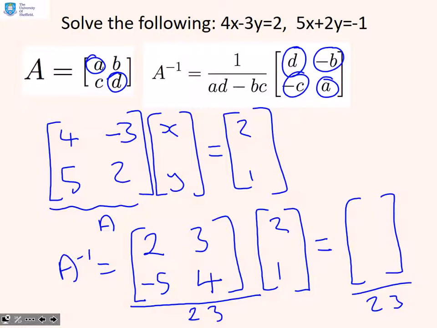Hopefully I have. So that's going to give me 7, and minus 5 times 2, which is minus 10, plus 4, which is minus 6. So assuming I've not made any silly mistakes, you'll see we've now got 7, minus 6 over 23.